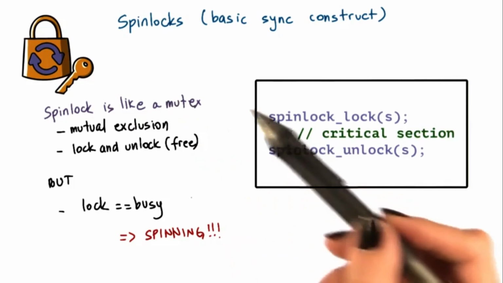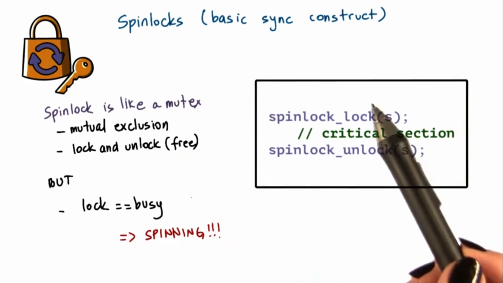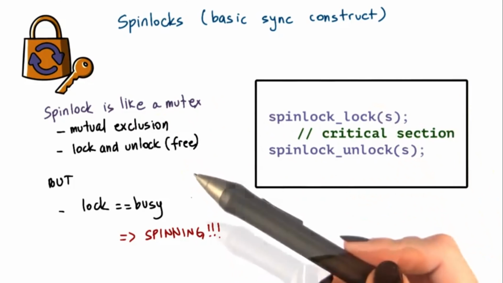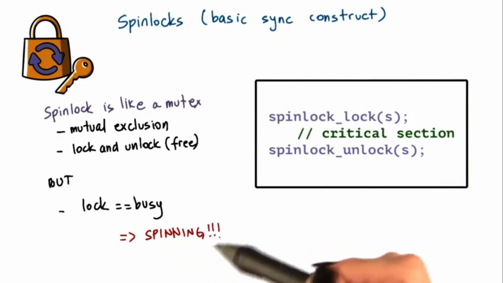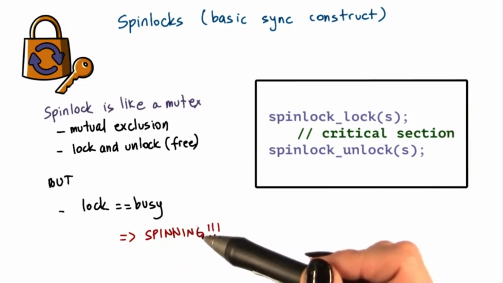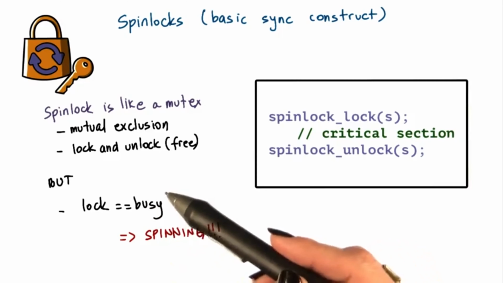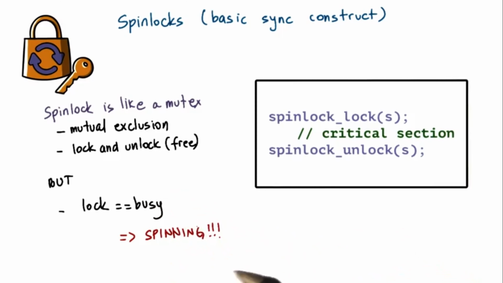With mutexes, the thread would have relinquished the CPU and allowed another thread to run. With Spinlocks, the thread will spin. It will burn CPU cycles until the lock becomes free or until the thread gets preempted for some reason. For instance, maybe it was spinning until ultimately its time slice expired, or potentially a higher priority thread became runnable.